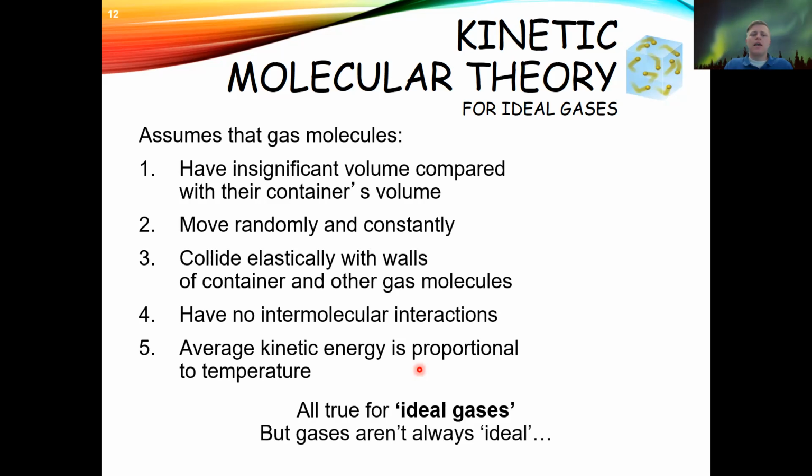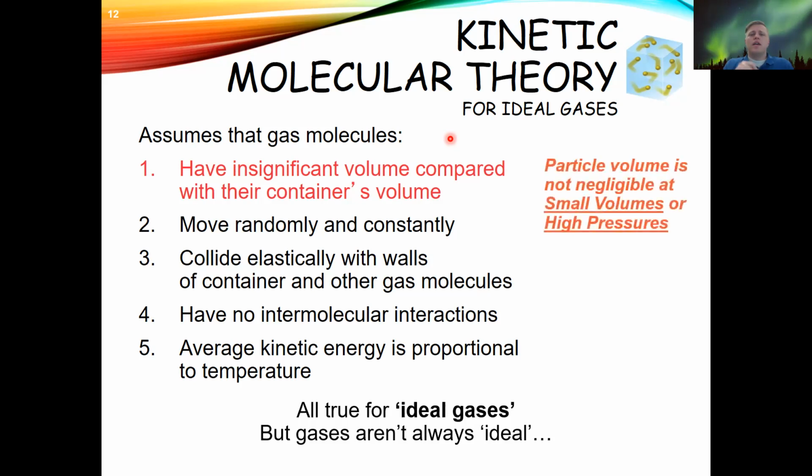But gases aren't always ideal. In fact, most of the time they're not. And even assumptions like this top one, where we say that the volume of our gas is insignificant compared to the container volume, even this one breaks down in certain cases. So this breaks down if you have a small volume or if you have high pressures. For example, you can have a volume that can only accommodate a few atoms or molecules at a time.